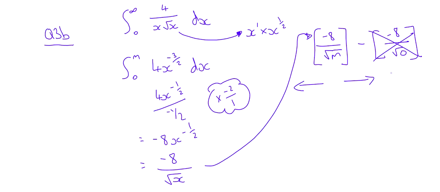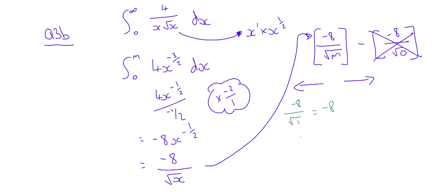So if we just start putting in some values, again, if you can think about what happens with m, that's fantastic. But let's just do a little bit of testing. All right, so I'm going to change color. So let's tend towards infinity. So as I have negative 8 over root 1, that's going to be negative 8.